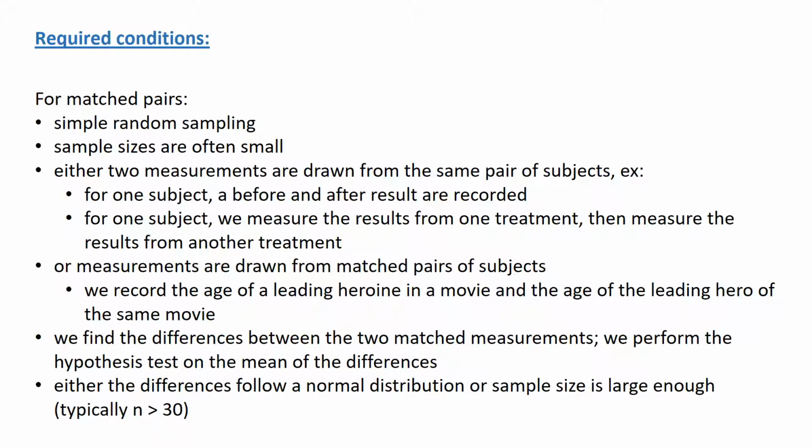So we could have, for example, in a single election year, the height of the president and the height of the leading contender. So we have two different pools for our subjects, the president and the contender, but we match by election year. So we're not just gathering all the presidential heights and all of the contender heights. We are matching each president to his contender and finding the difference, matched pairs.